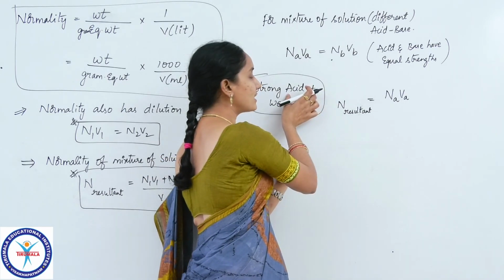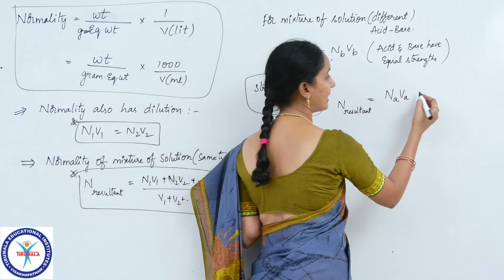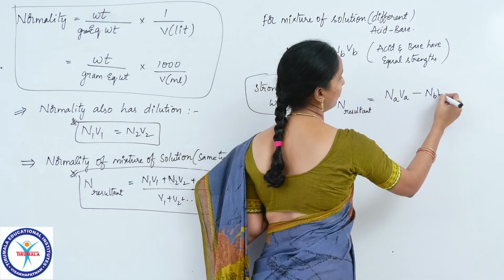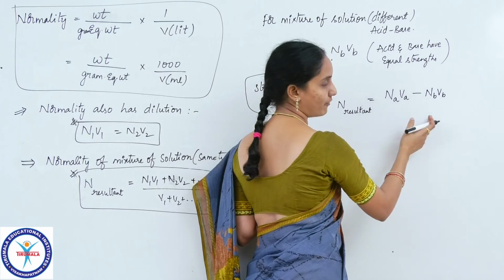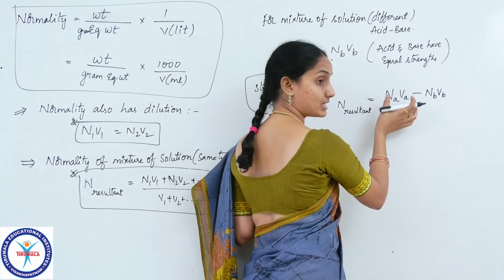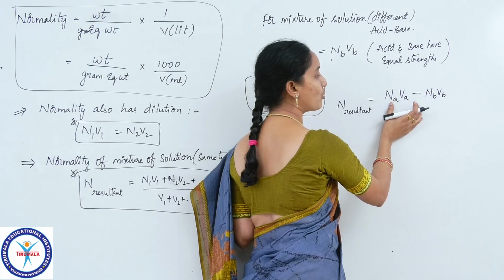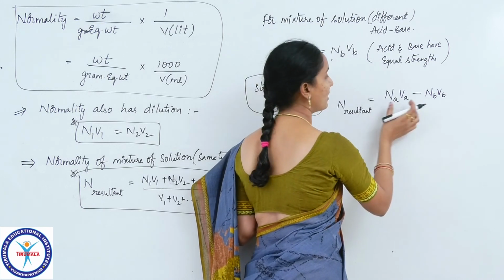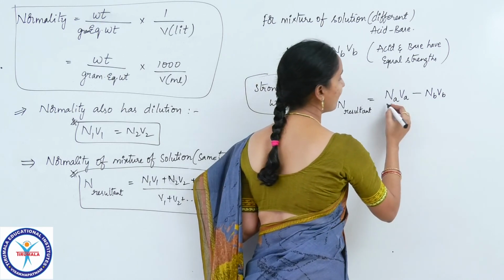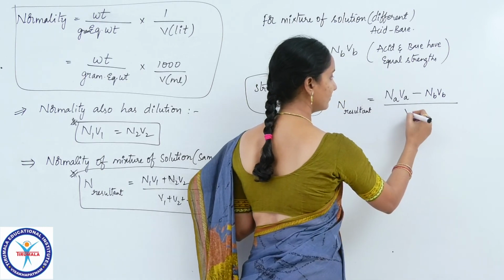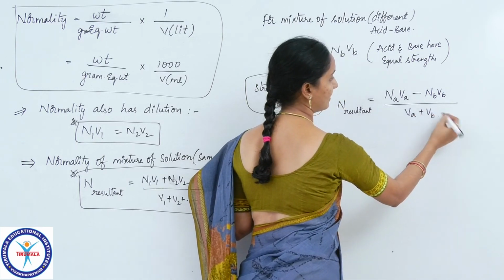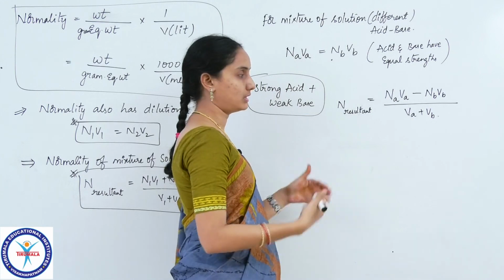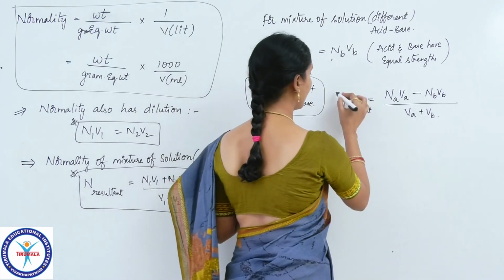So here, as acid is stronger, NaVa will be greater than NbVb. So you have to subtract, the stronger one having the larger value: (NaVa - NbVb) / (Va + Vb). Similarly for volume, you have to take the total volume.